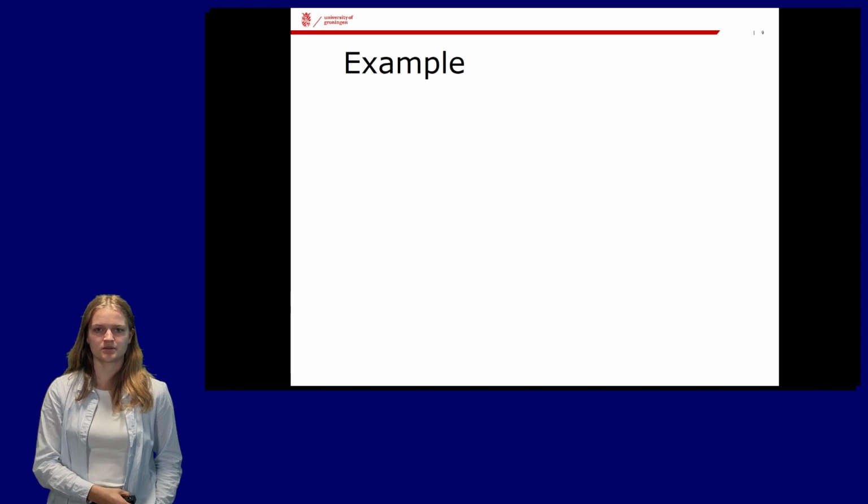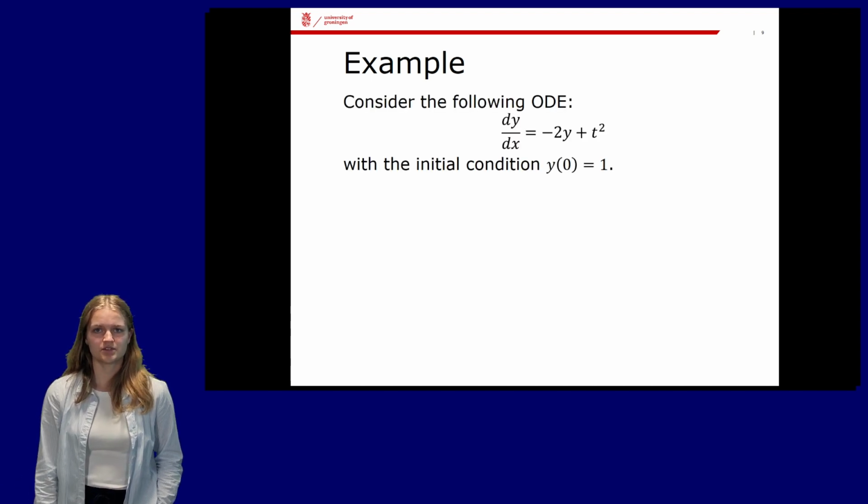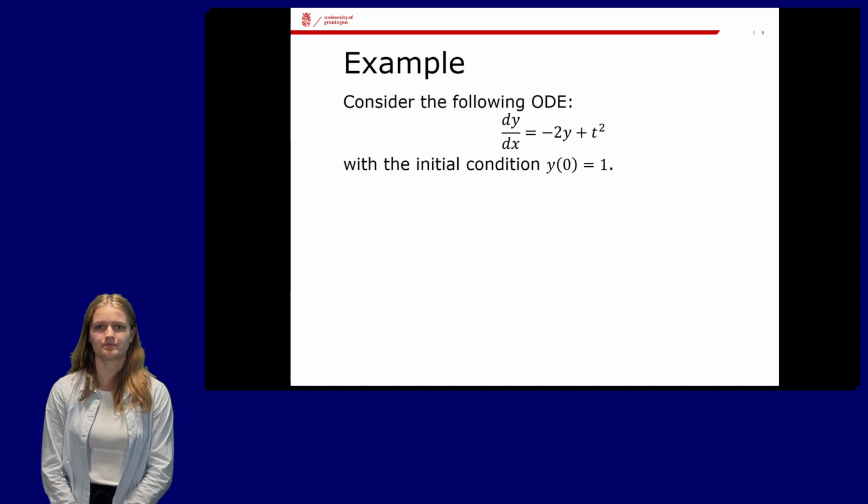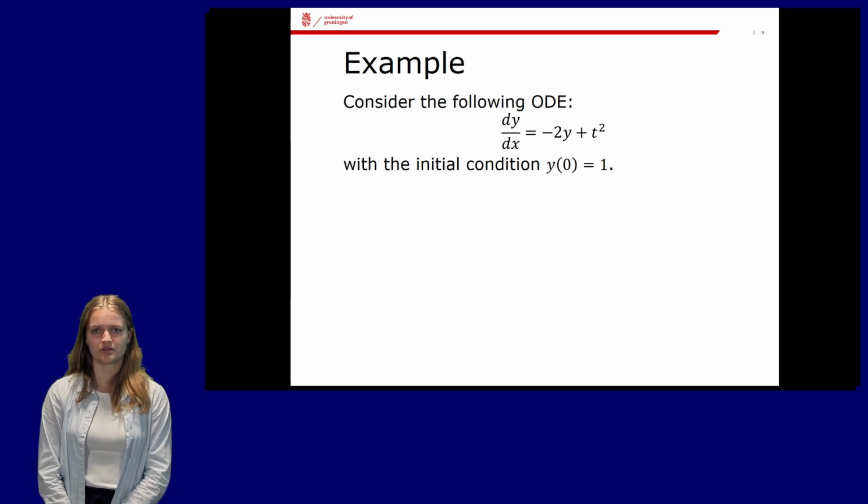So now I will discuss an example where we apply the Runge Kutta method. Consider the following first order differential equation, where it is again an initial value problem. We are given the value of y at t equals 0 to be equal to 1.